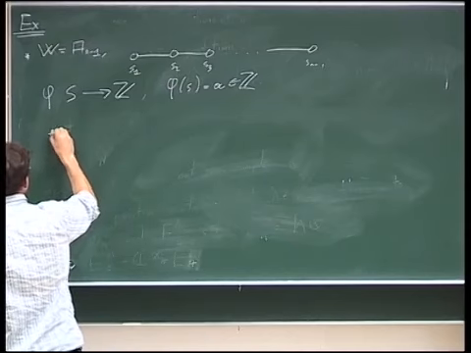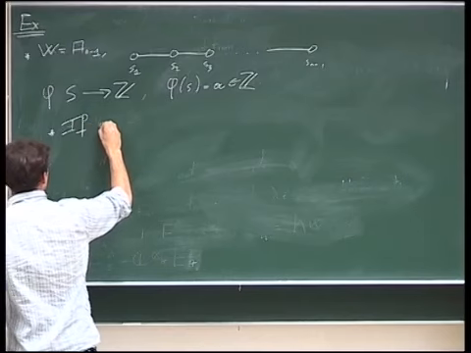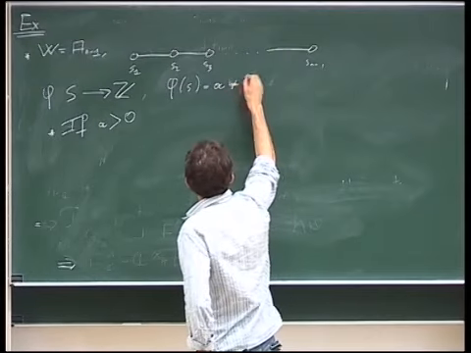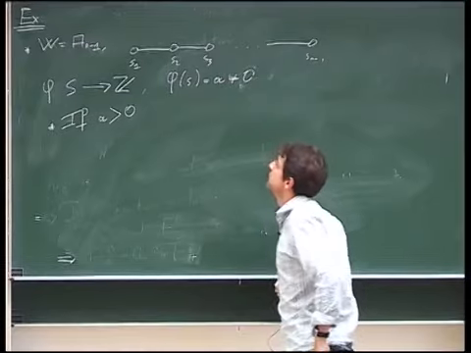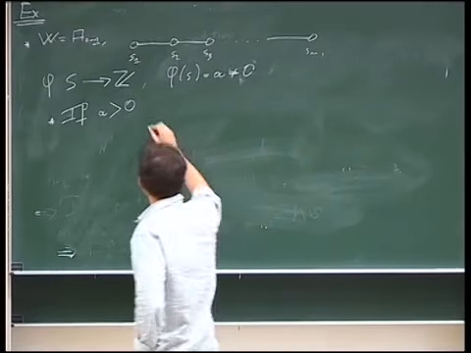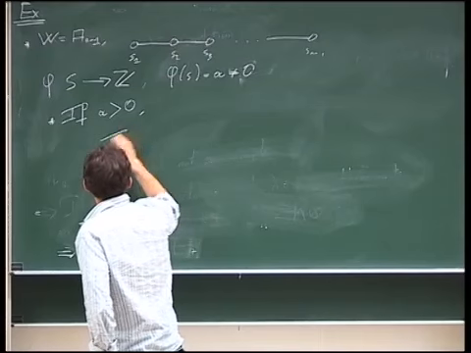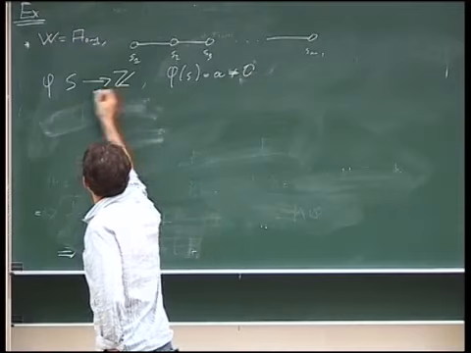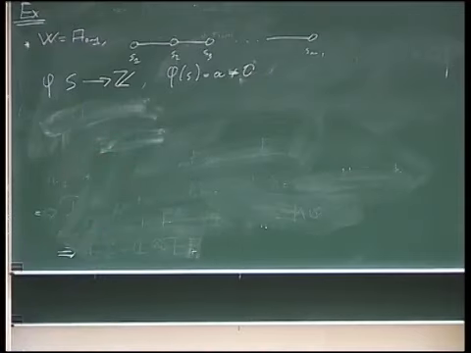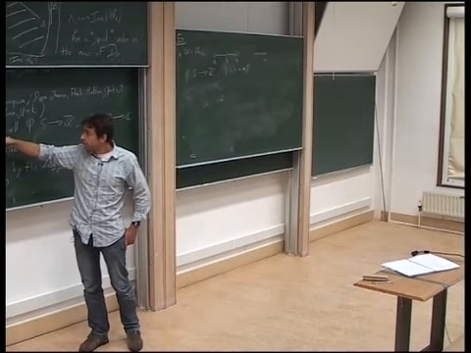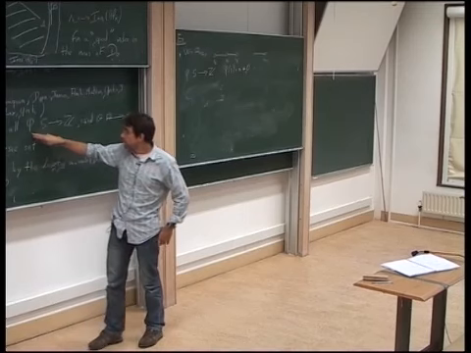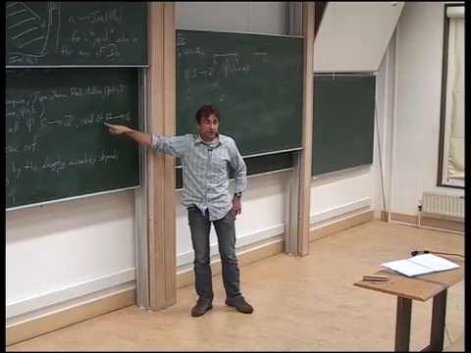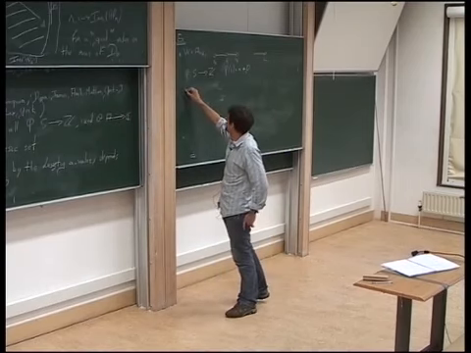So in fact, I will consider that a is different from 0, because this is the interesting case here. So I have considered W to be the Weyl group of type A. I have chosen phi like this, and now I have to choose a specialization such that the Hecke algebra is non-semisimple.